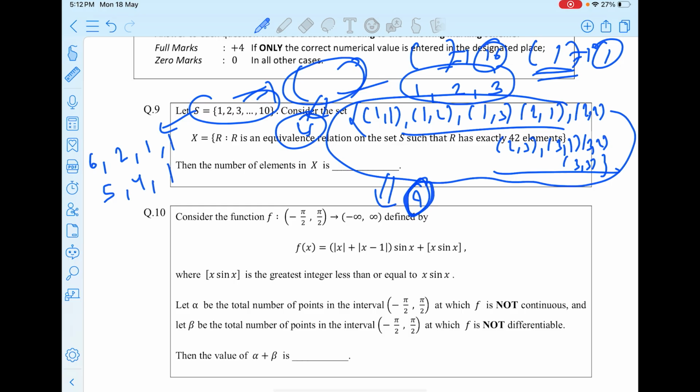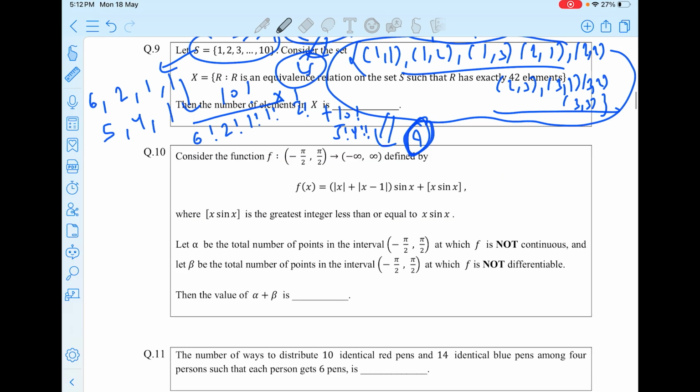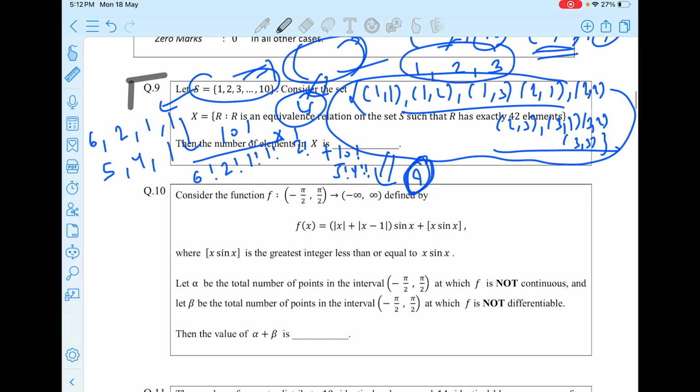So now it is just grouping: 10 factorial by 6 factorial 2 factorial 1 factorial 1 factorial, into 1 by 2 factorial, plus the same thing 10 factorial by 5 factorial 4 factorial 1 factorial. Just add these two, you will get the answer. Okay, so it's a difficult problem, because that thinking is required. It's a kind of equivalence class concept.